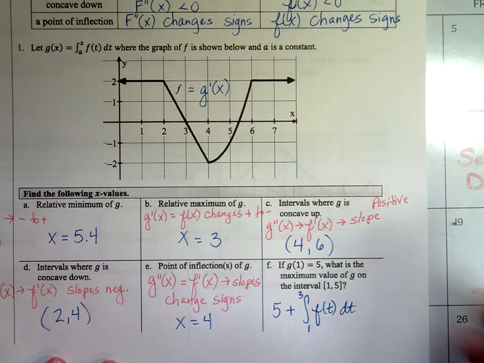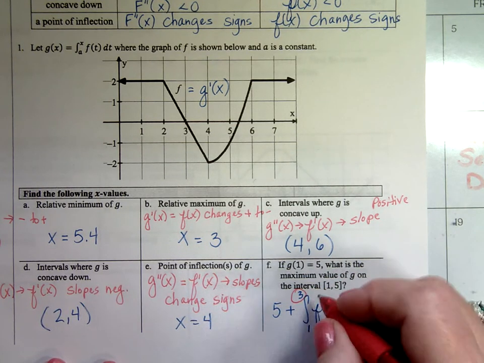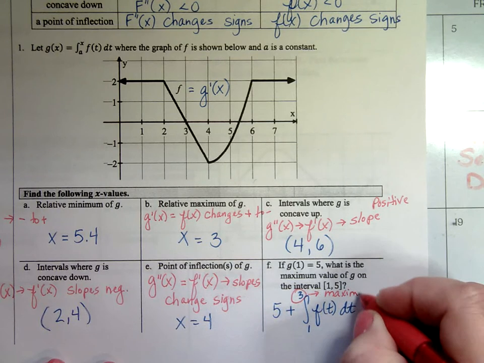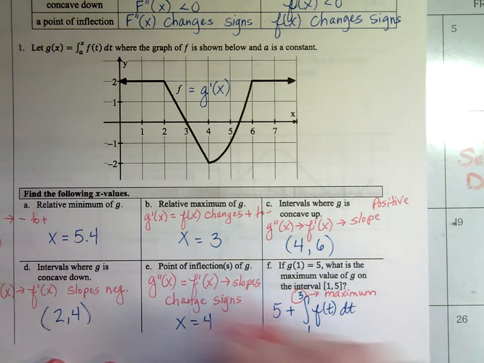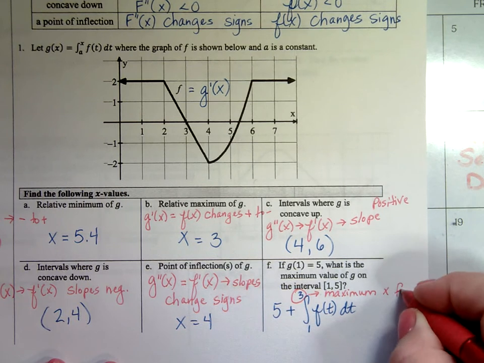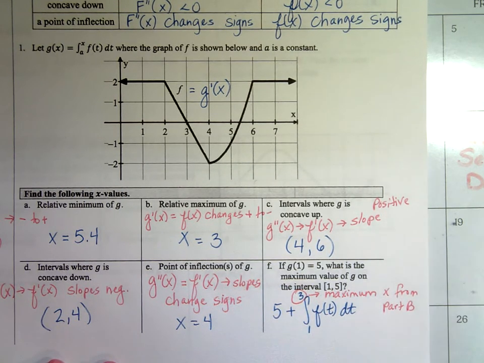All right, here's where this 3 is coming from. This 3 is your maximum x value from part B. It's the maximum x from part B. That's where that upper limit comes from.